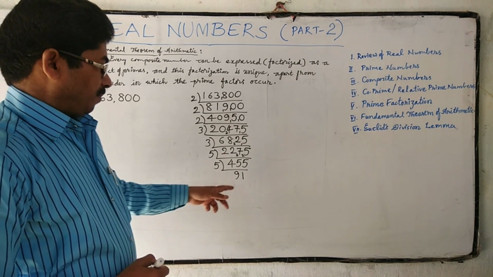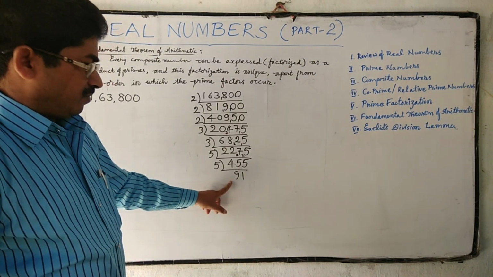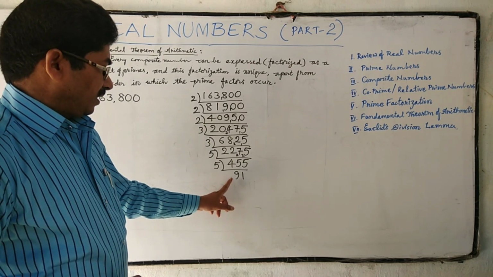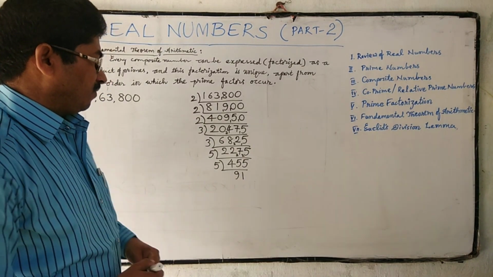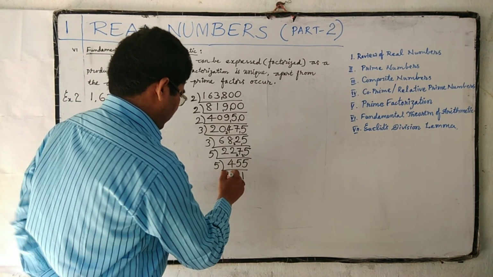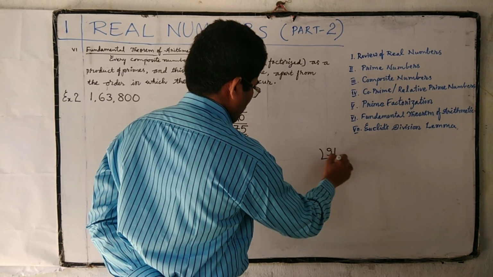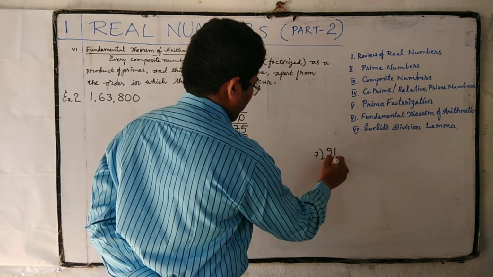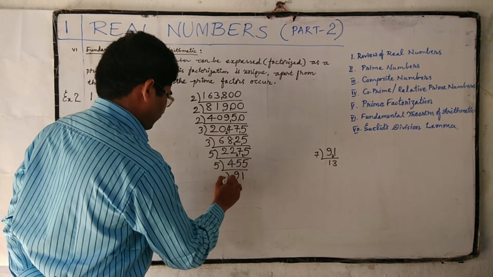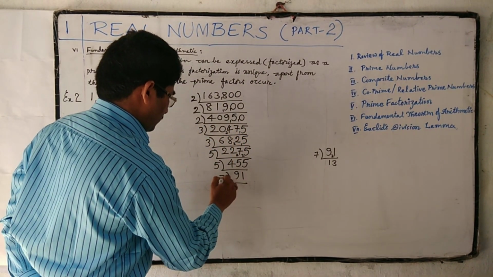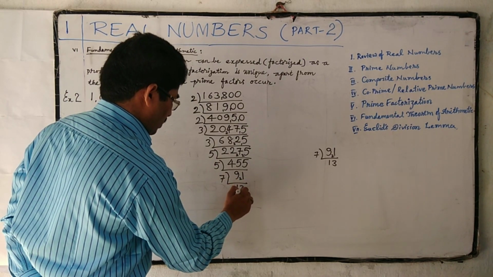Next, after 5, test with 7. 7 1s are 7, 2 remainder, 7 3s are 21. So exactly divisible by 7. Like this we have to check. 7 1s are 7, 7 3s are 21.